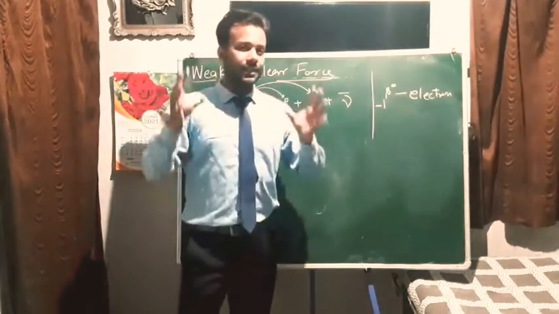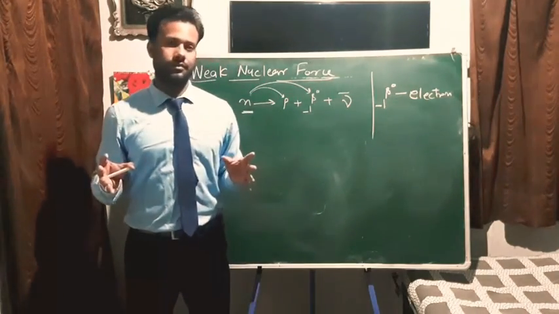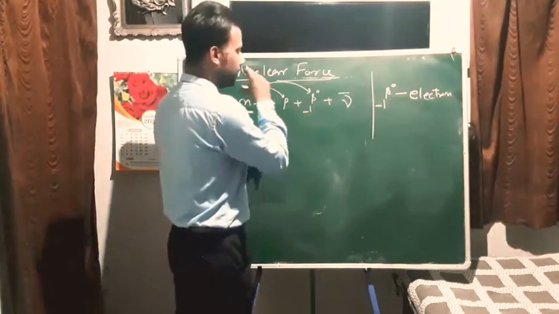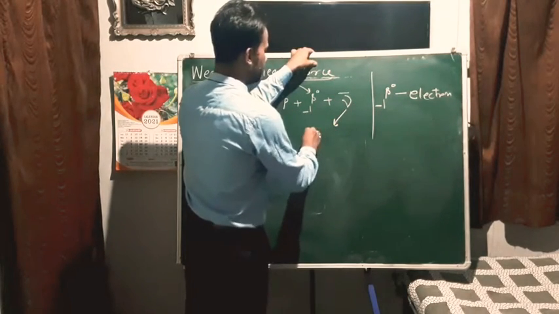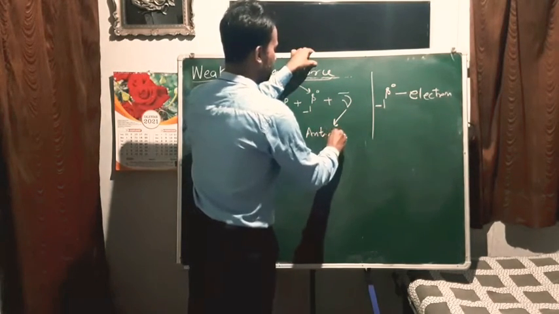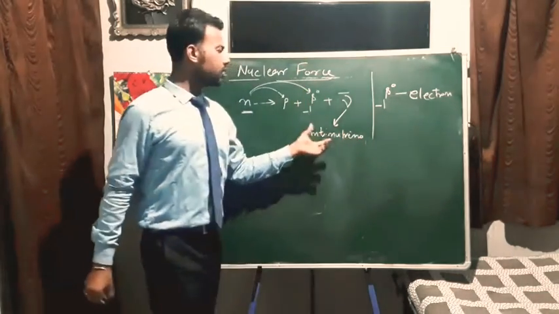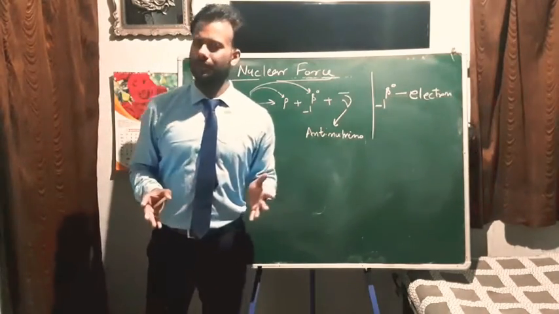So when these particles interact with each other, these heavier particles interact with the lighter particles. You can see one more particle here, known as the anti-neutrino. This is also a very light particle whose mass is approximately negligible.